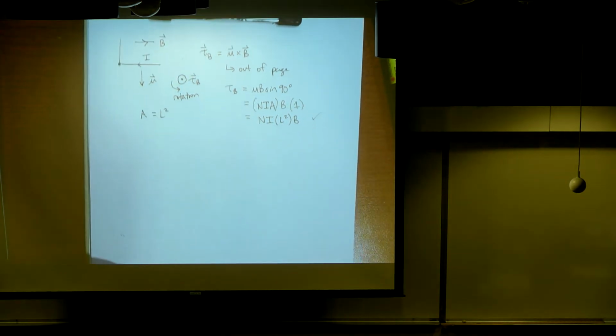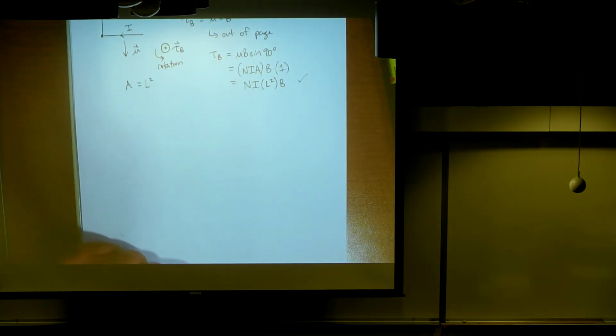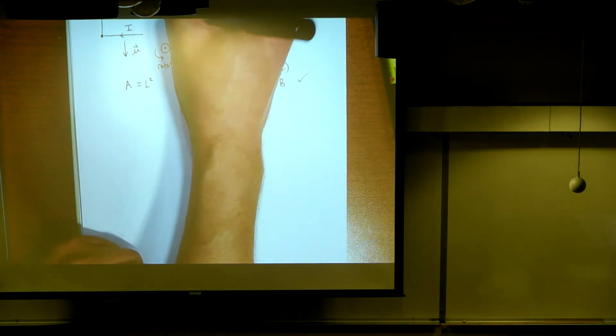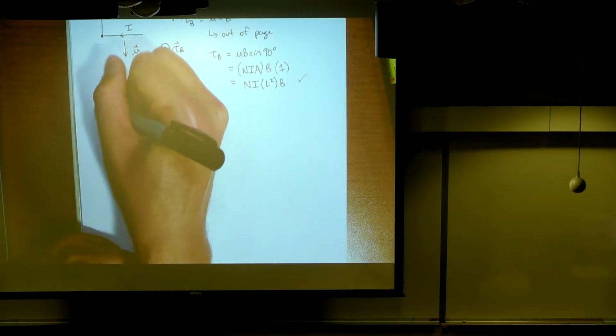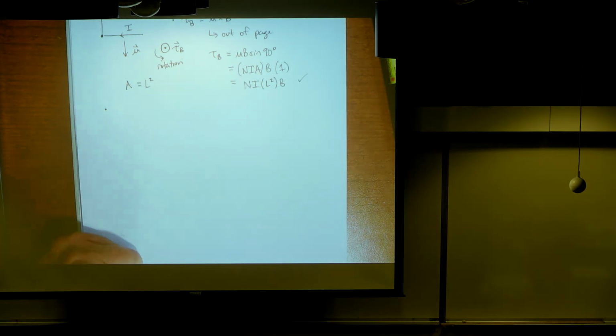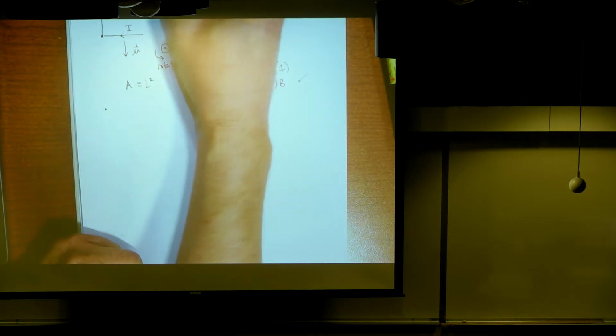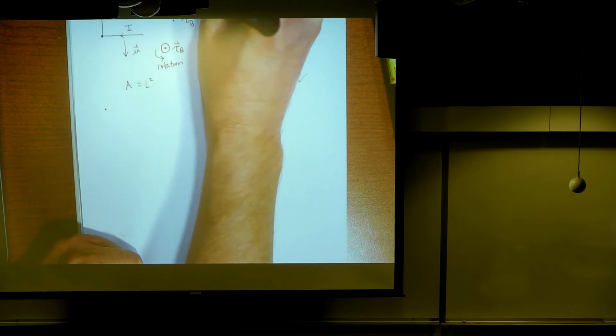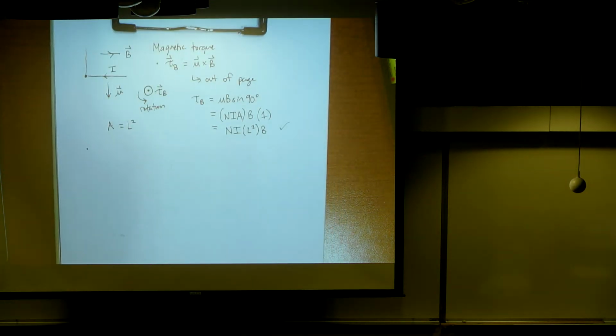I'm just going to leave it at that for now. All right, so that was the magnetic torque. Now let's just put up here, we're doing the magnetic torque for that work that we just did, okay?